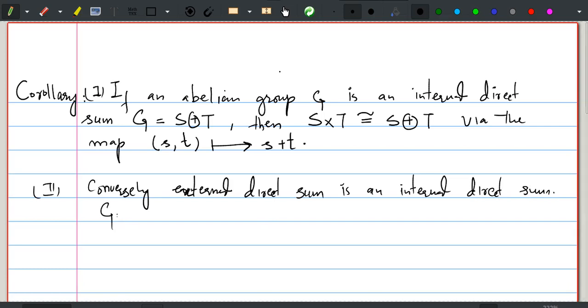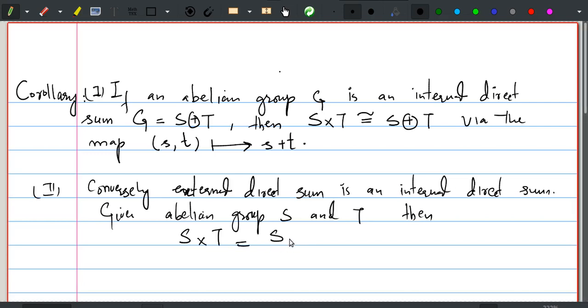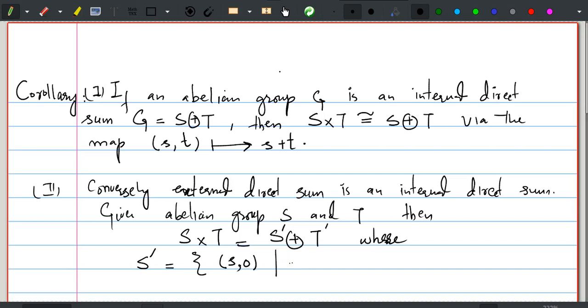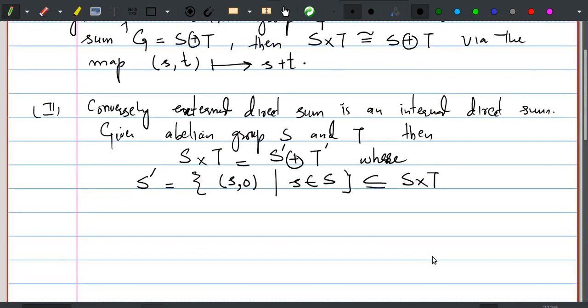That is, given abelian groups S and T, the Cartesian product of S and T is equal to the direct sum of S prime and T prime, where S prime contains the elements of the form (s, 0), where s is in S, and this is a subset of S cross T, and T prime contains all those elements of S cross T whose first component is 0.